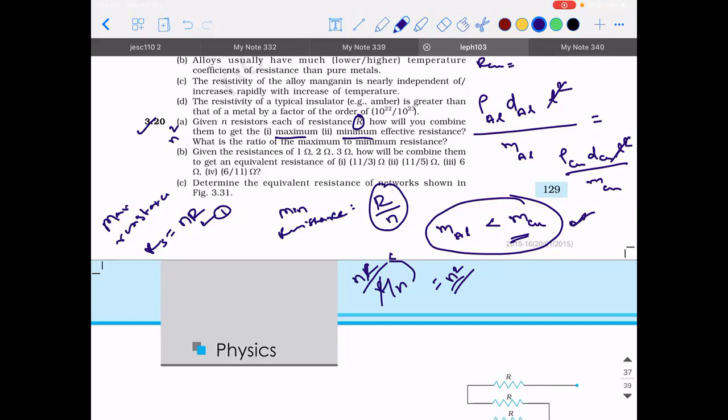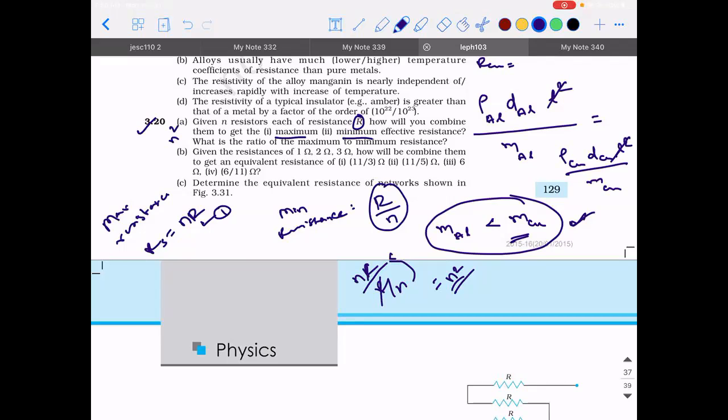So they have given you 3 resistors of resistance value 1 ohm, 2 ohm, and 3 ohm. How will we combine them to give an equivalent resistance of 11 by 3 ohm? 11 by 3 ohm, 11 by 5, and 6 ohm and 6 by 11. Okay. So I just want to ask few questions.